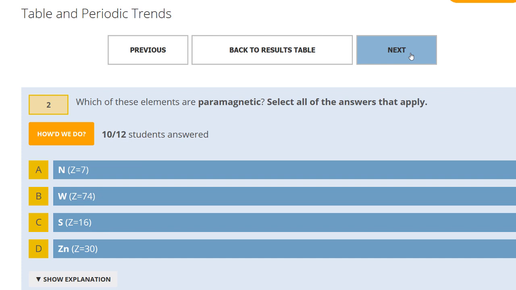Then after this, which of these elements are paramagnetic? Select all of the answers that apply. So if we check these out, correct choices were A, B, and C, which was nitrogen, tungsten, and sulfur.